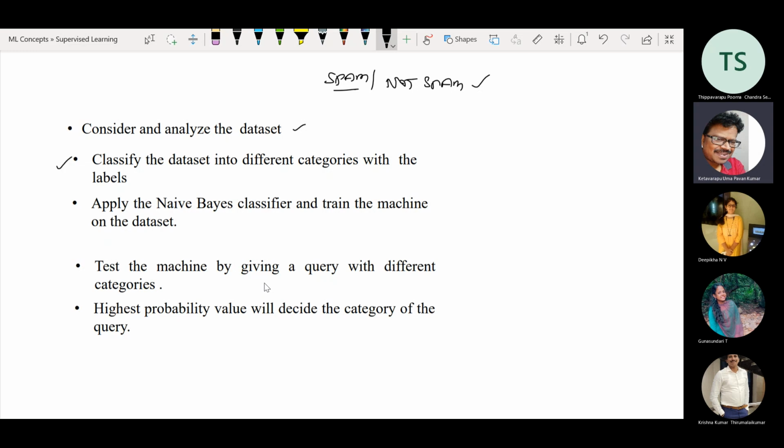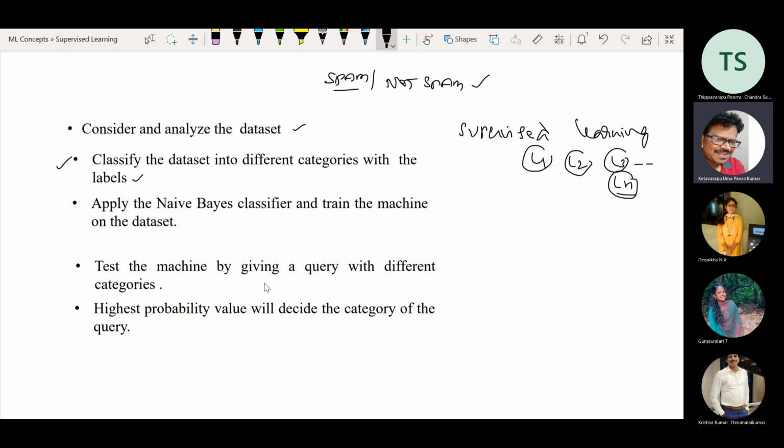The next thing is to classify the data set into different categories with labels, because, as you know, guys, while talking about supervised learning, there should be some sort of labels: label 1, label 2, label 3, label n, like that. Out of these labels, our interest is to find the outcome.